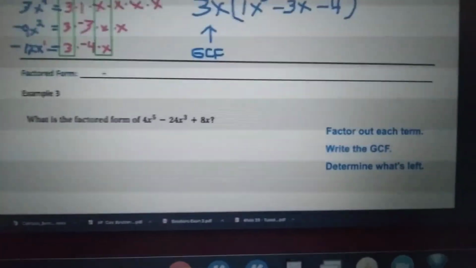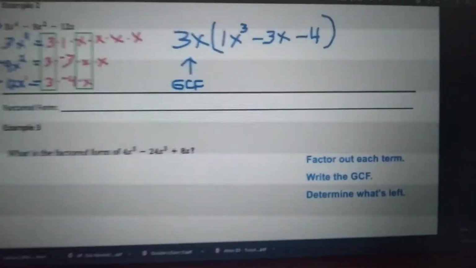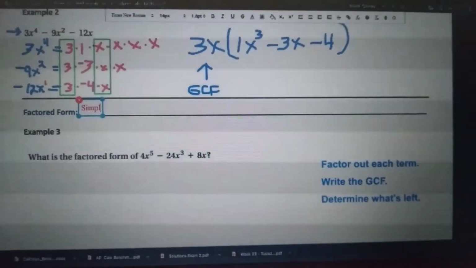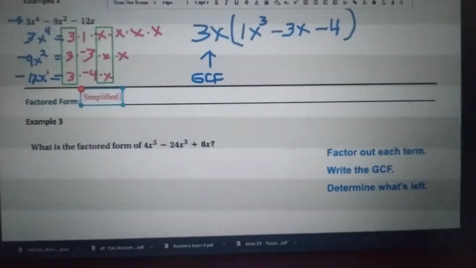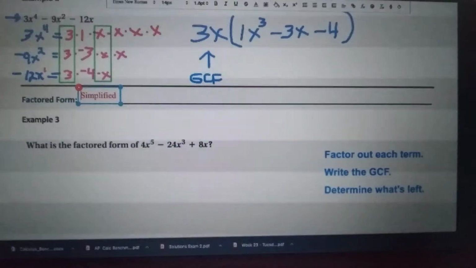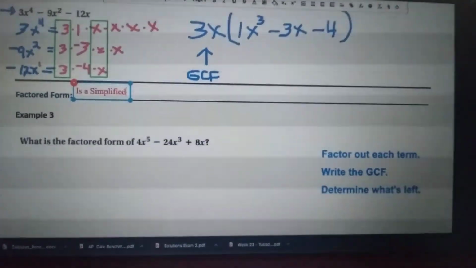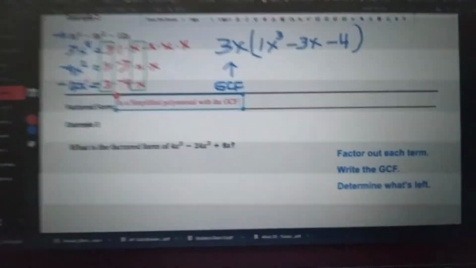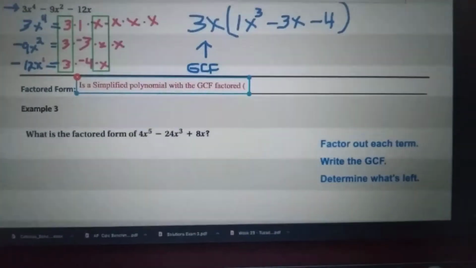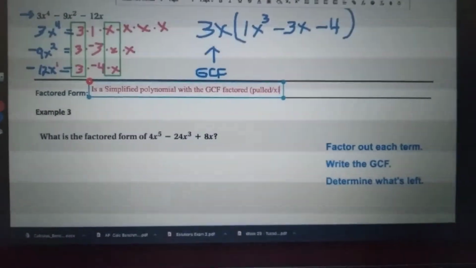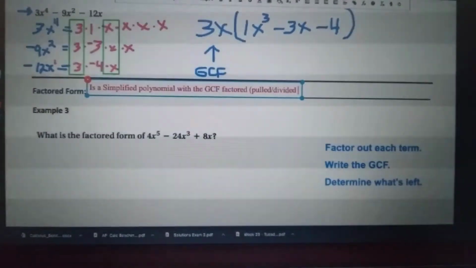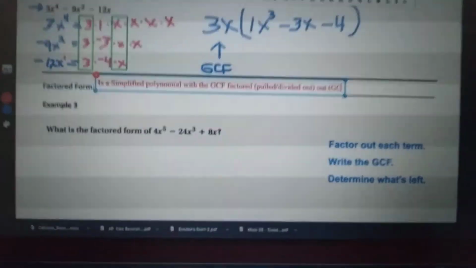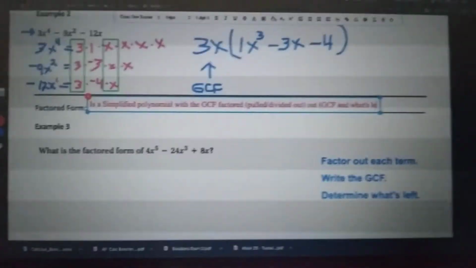Good? Good. Okay, so what the heck does factored form mean? Well, factored form means simplified. Factored form is, I should say, a simplified polynomial with the GCF factored, or I can say pulled or divided out, meaning GCF and what's left.